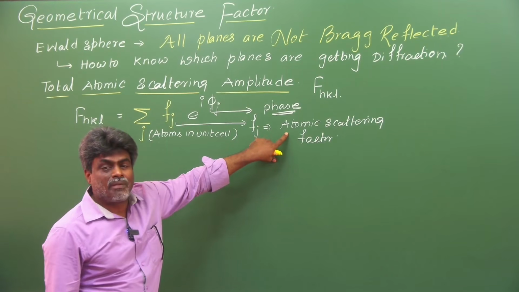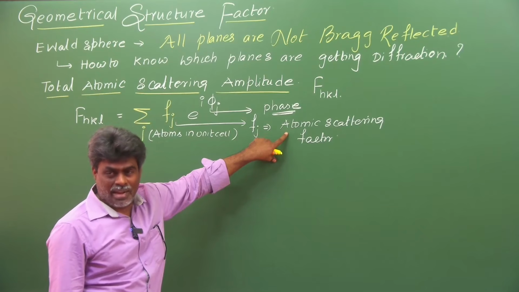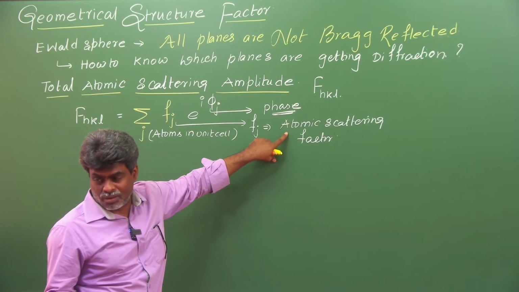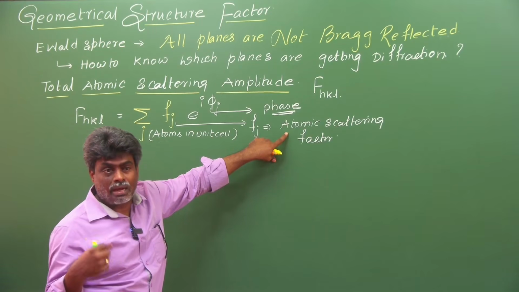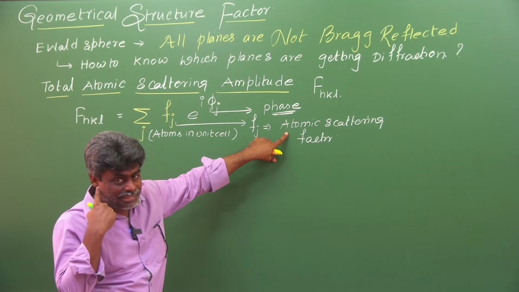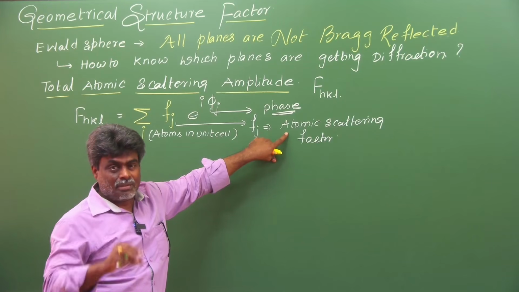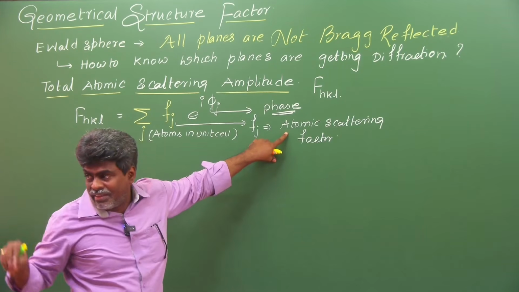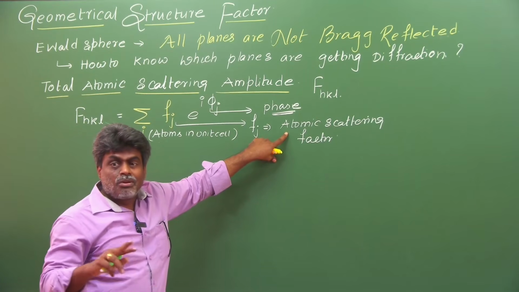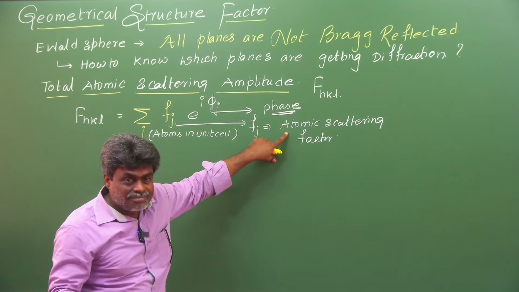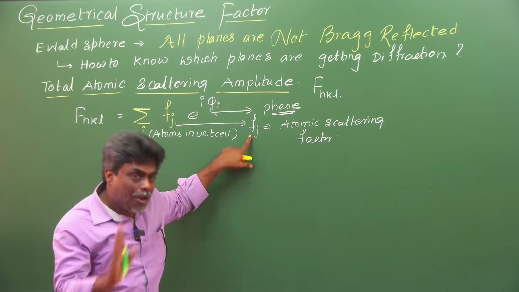If I take a Bravais lattice, what is the meaning of a Bravais lattice? You are not studying the book. I said in the notebook, in a Bravais lattice all atoms are equivalent, all lattice points are equivalent. That means at each and every point we have a similar atom. If you have the same atom, is this Fj the same for all atoms or not?